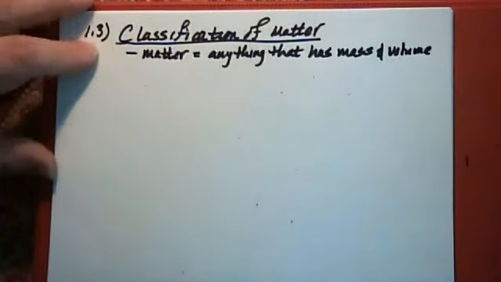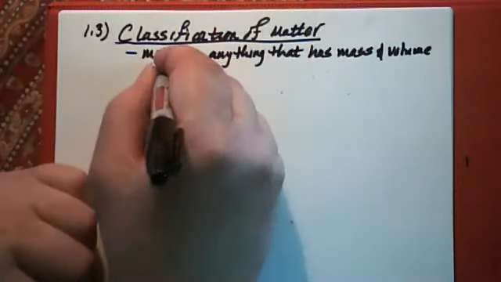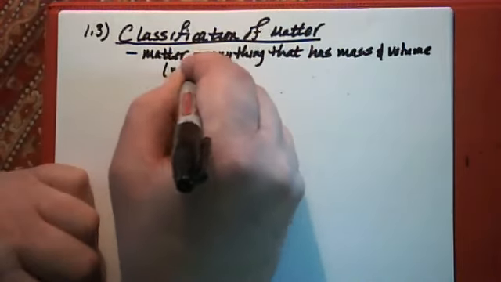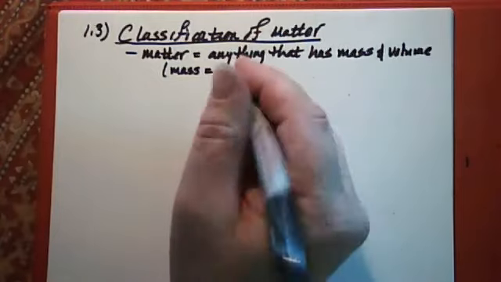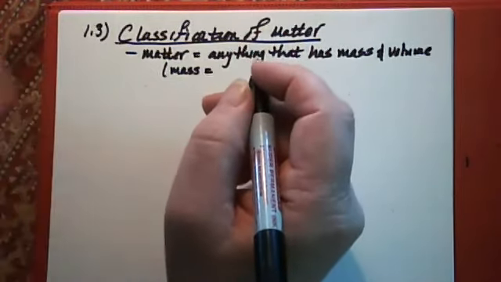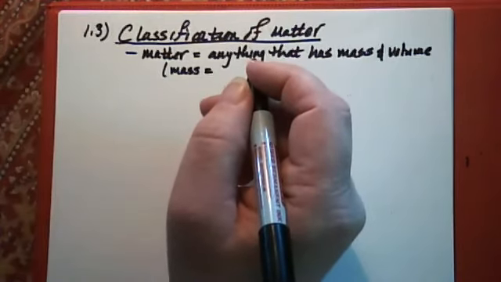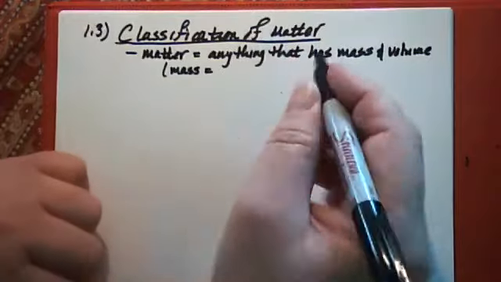You can think of matter as being anything that has mass and volume. Mass, on the other hand, is not the same as weight. We'll get to that in more detail in a little while, but mass is actually a measurement of the quantity of matter in an object.